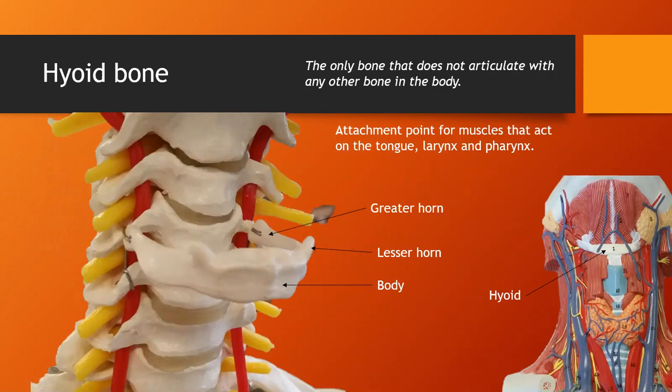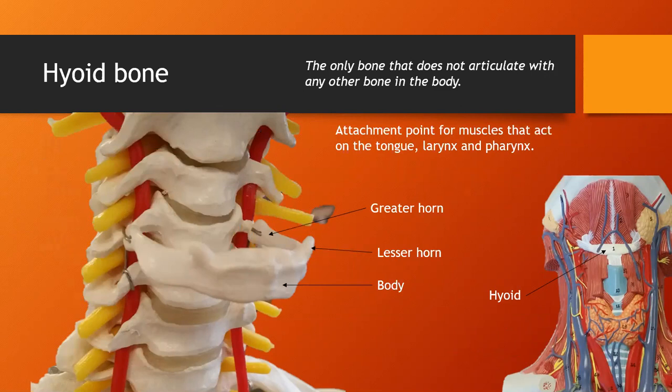Please put a star beside or in some form or fashion identify these bullets. So the first bullet is a need to know that it is not a bone of the skull. It is actually not articulated with anything else in the body. Bullet number 2, that is one of the uniqueness of the hyoid bone, because it is the only bone in the body that does not articulate directly with any other bone.